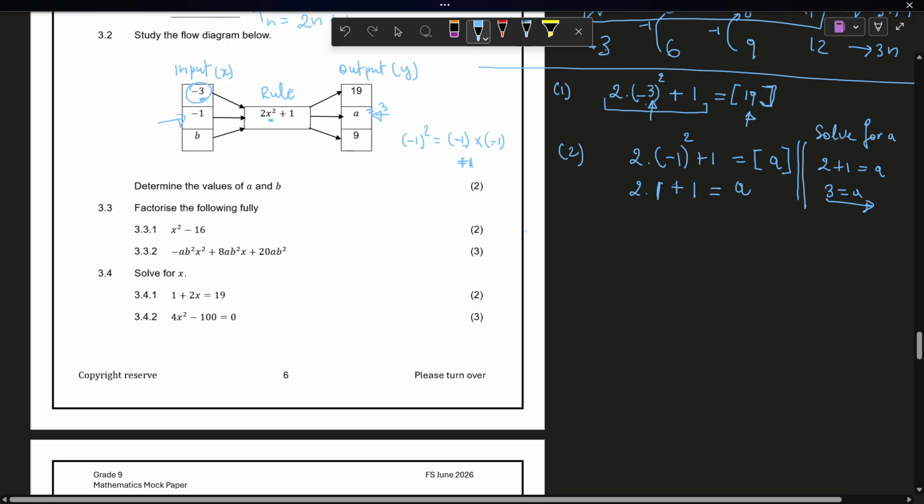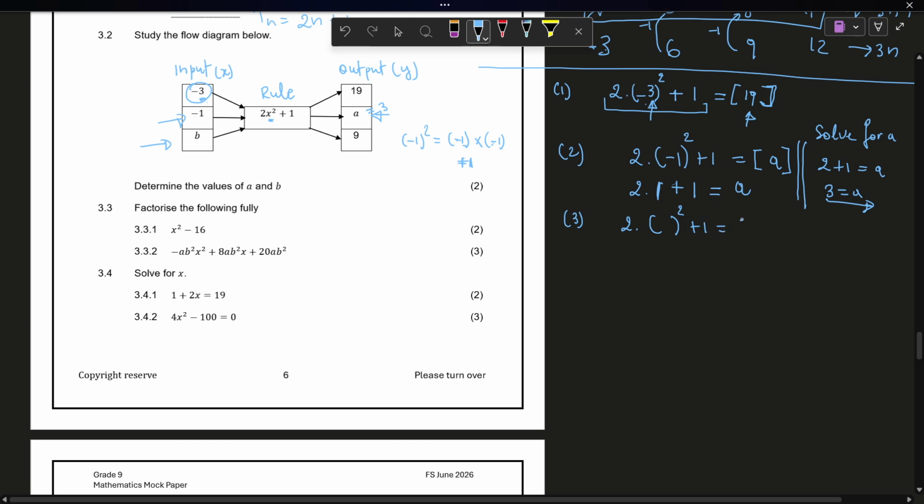Right? Okay, now let's move to the third row of this diagram, the flow diagram. So we've got the third row here. So again, I'm going to start writing the rule. So it's 2 times, I reserve the space for the input squared plus 1 equals the output.